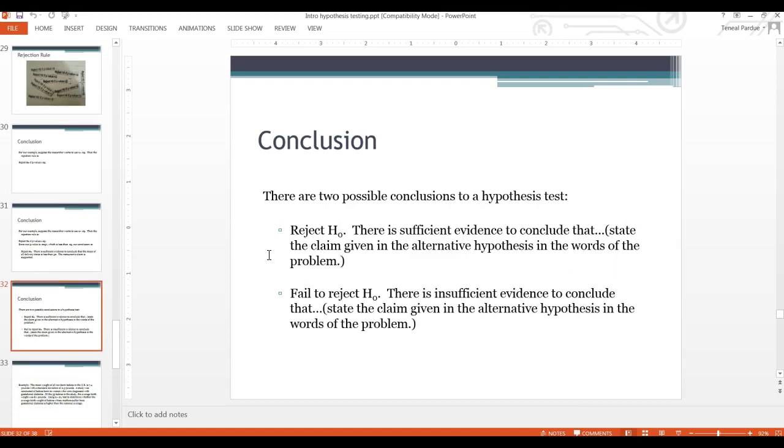So again, just to reiterate, two possible conclusions to every hypothesis test. Either reject H naught, there is sufficient evidence to conclude that, whatever the alternative hypothesis says, or fail to reject H naught, there is insufficient evidence to conclude that, and then you're going to state the alternative hypothesis.